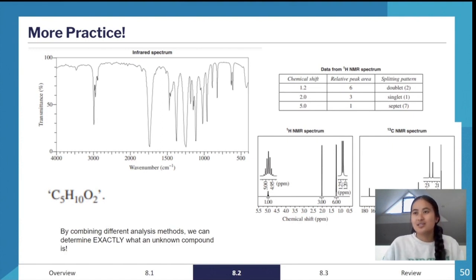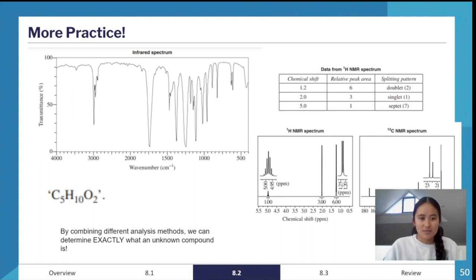So here is the formula, C5H10O2. Immediately what you should be thinking about is whenever you see something that's O2, it could be one of two things. It could be a carboxylic acid, or it could be an ester. Based on the IR spectrum, we can figure out which one is which. So we'll get to that in a second.